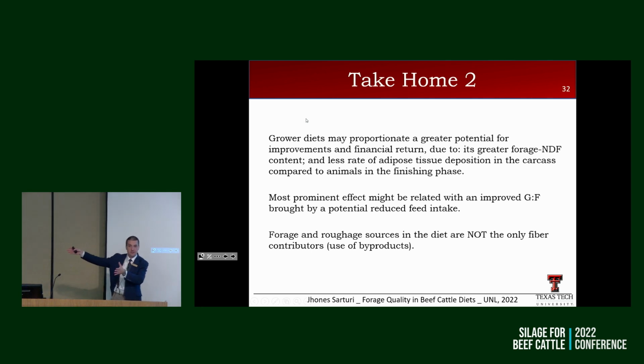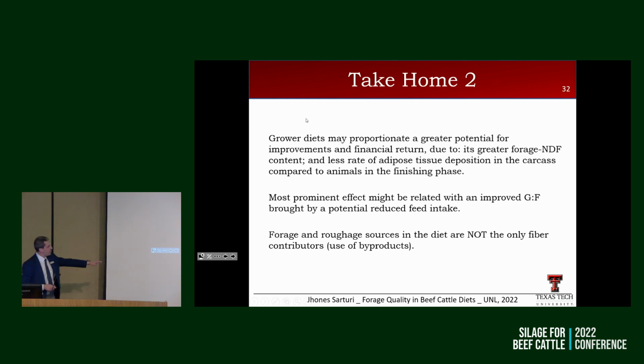That animal was not in a finisher phase yet, not adding those expensive units of body weight because of the elevated adipose tissue. They were not there, they were growing. Okay? So the most prominent effect might be a reduction in intake, these animals becoming more efficient, eating less to gain the same amount of body weight.